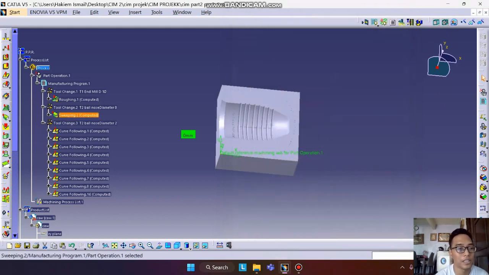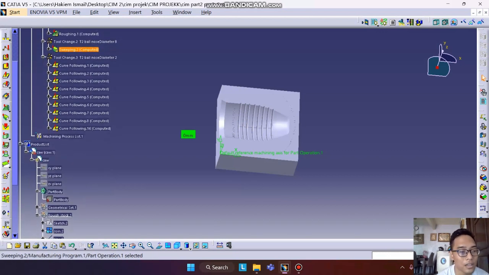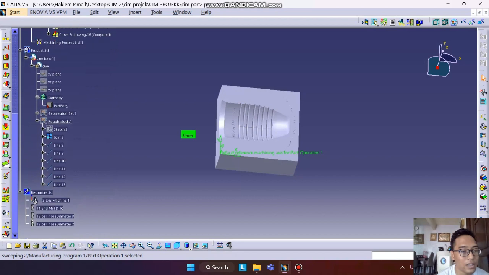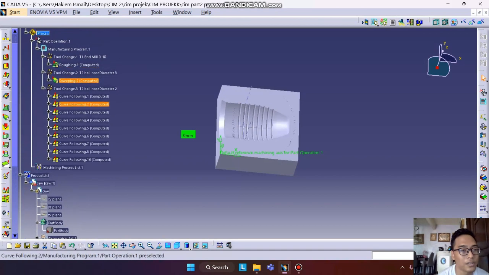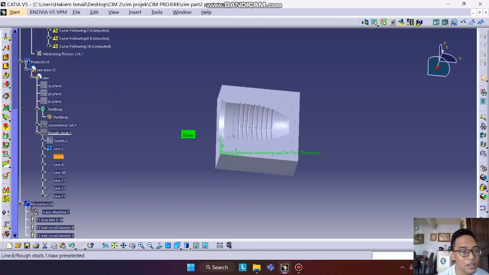Okay, number 3 is curve following. Now we have 9 separate curve following, because we have 9 lines in here. For every curve following, we have set the line, for example, for the curve following, line number 1, whose name is line 8 here.